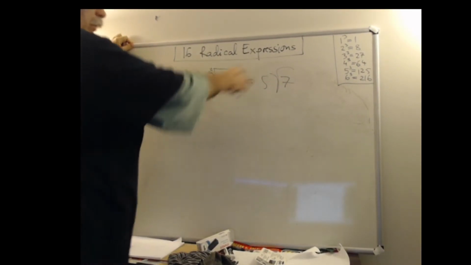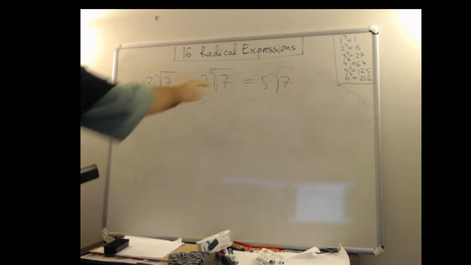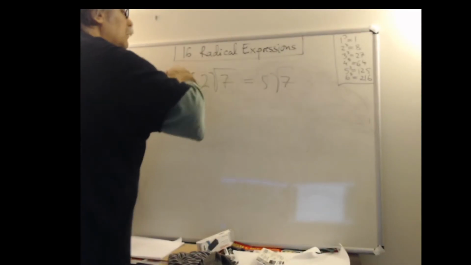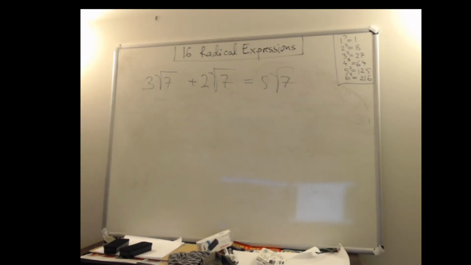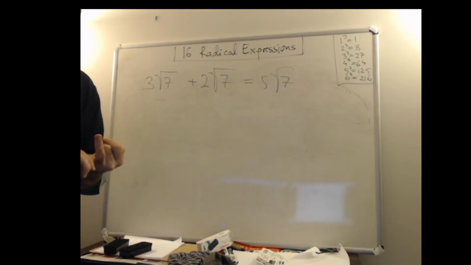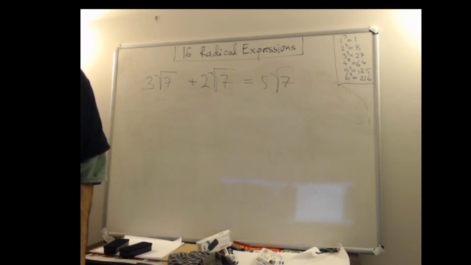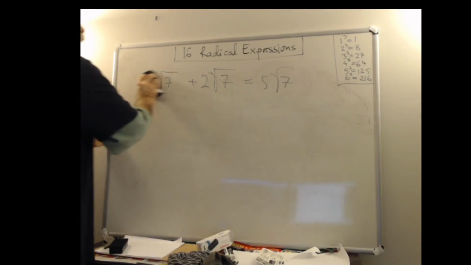Again, this is not allowed because there is no distributivity that can be used here. This guy and this guy are not the same, so they're not common factors. And distributivity cannot be applicable here. So this is a mistake. You can add radicals only when they are identical, which means you have to have the same index and the same radicand. You gotta remember that. Okay? So I have here something that is a little more complicated.